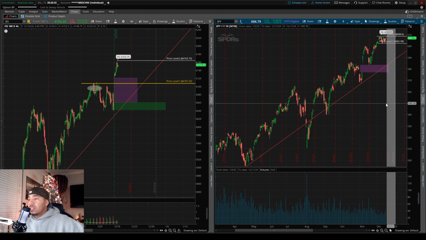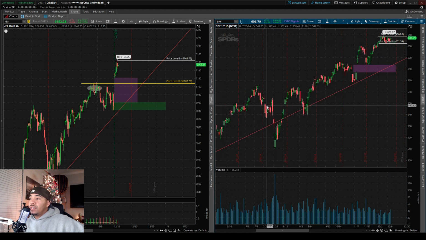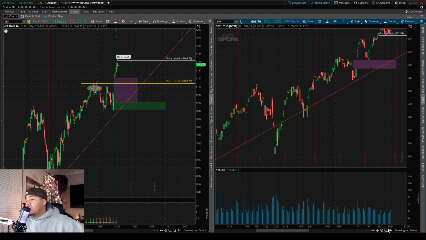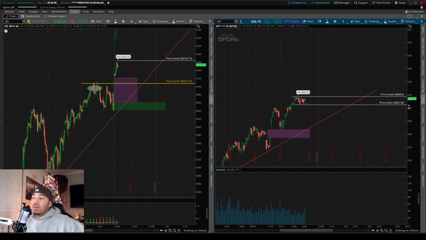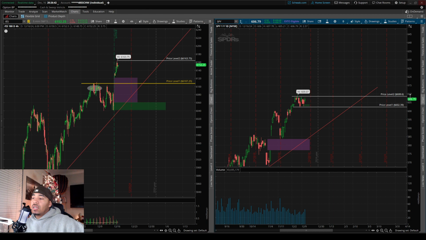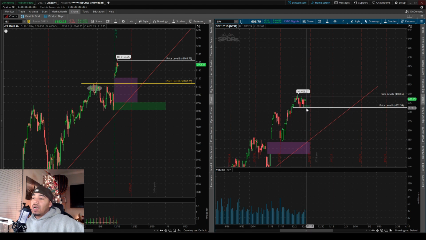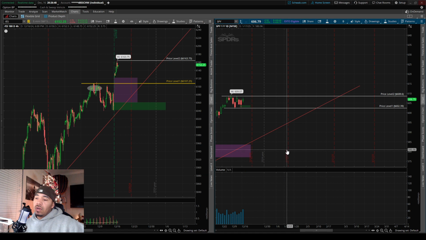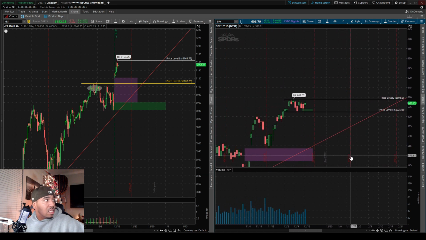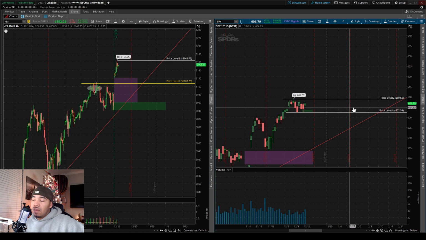Now, what else do we see here? Let's move this down. How would I play this for the morning? How I would play this for the morning is I would want to see a bounce. So if I'm trading SPY tomorrow morning, I would want to see SPY come into this level here.